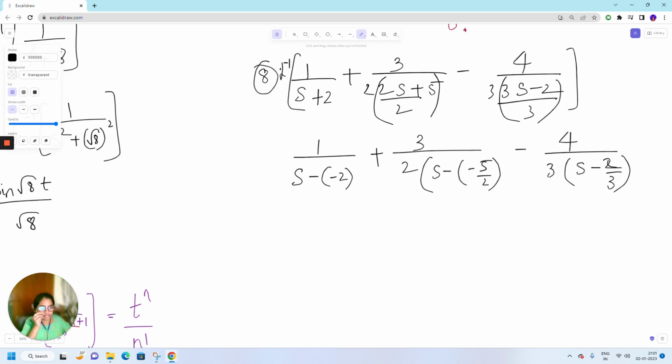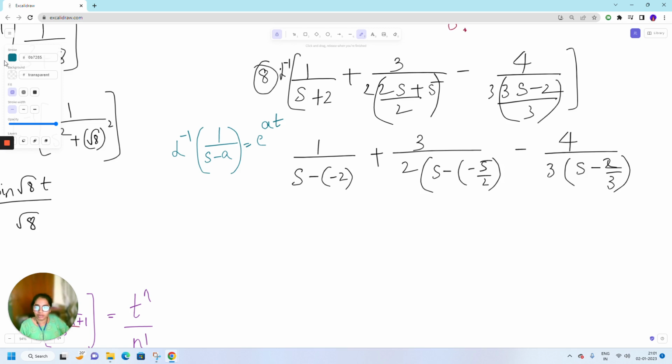What is the formula that we use here? The formula that we use here is Laplace inverse of 1 divided by s minus a is e to the power at. That is why I wrote plus 2 as minus of minus 2.